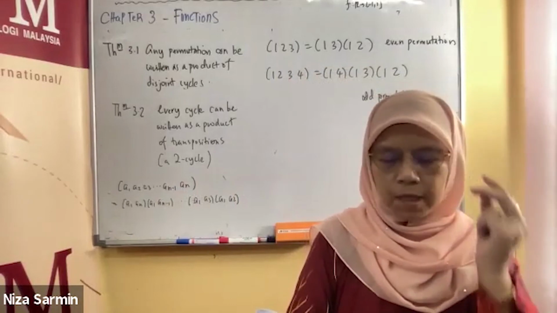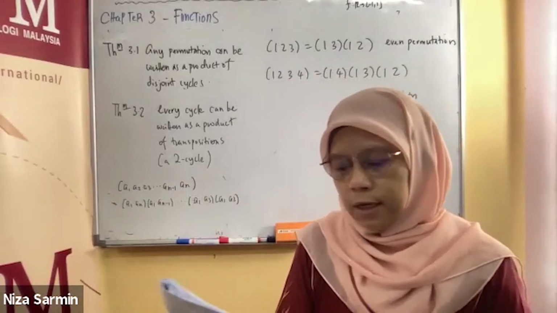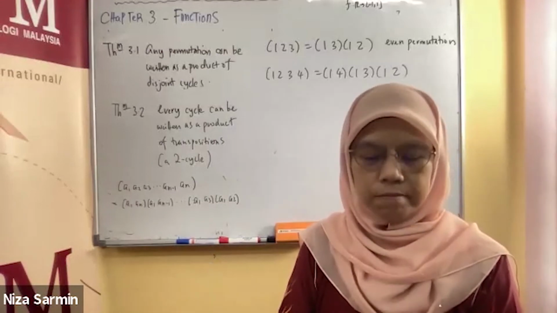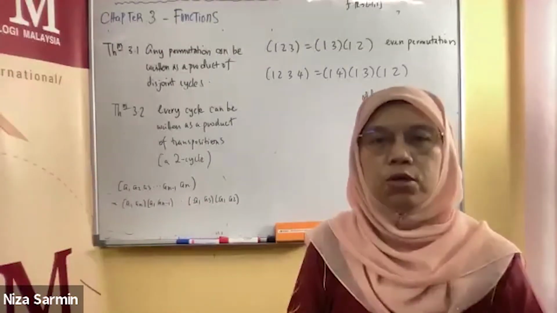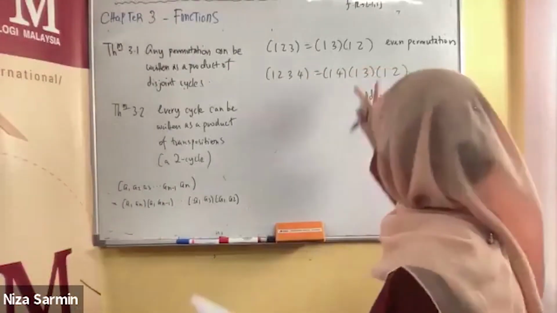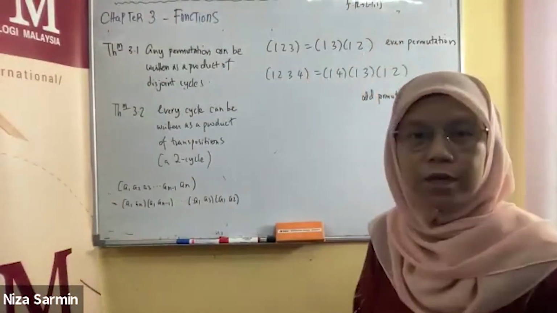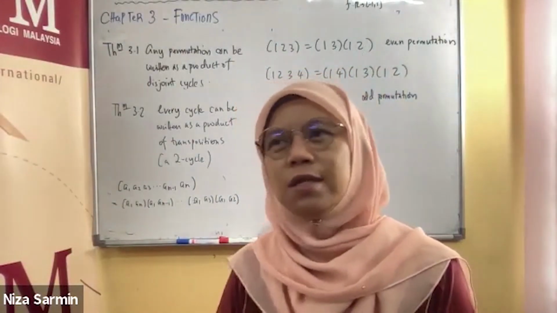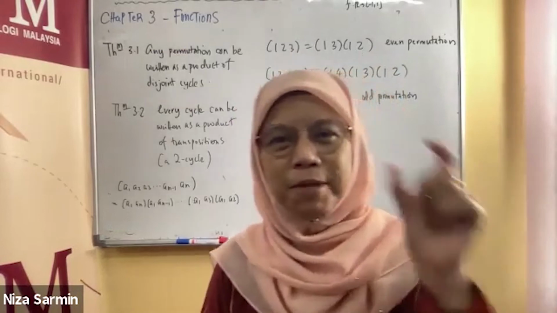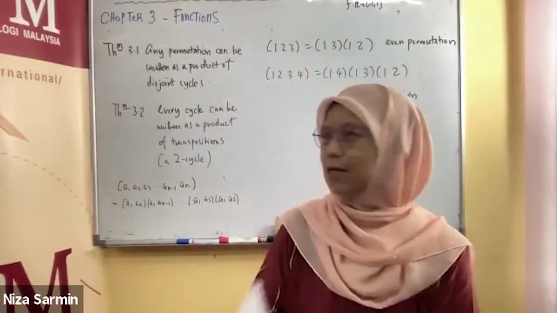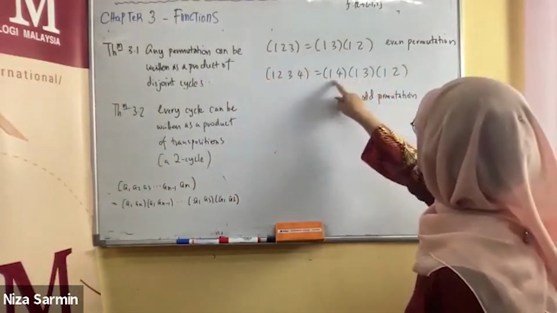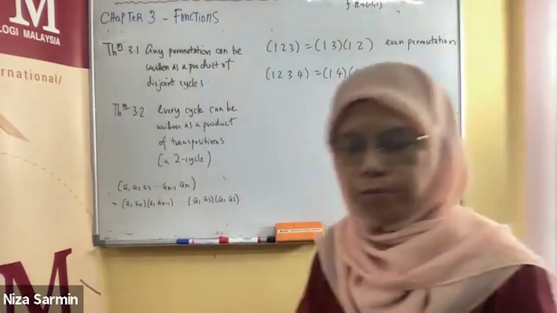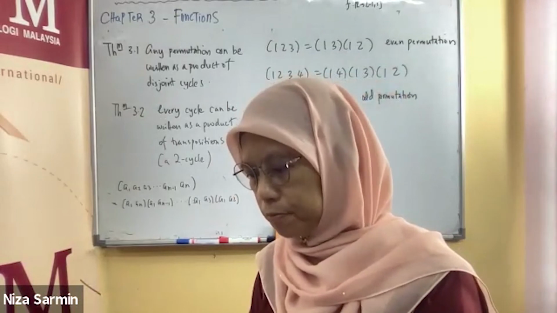Okay, and thus there is an even and odd permutation. But before you break up, it has to be disjoint. Eh? Oh, well, wait, let me see. No, it doesn't have to be disjoint. It can be anything. This one is not disjoint. Even in the beginning, it doesn't have to be disjoint.